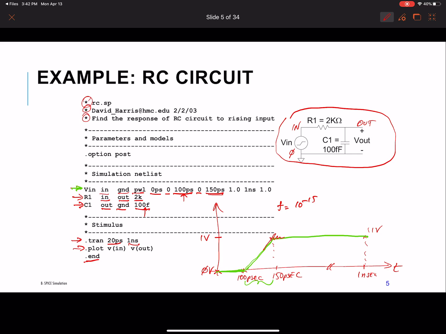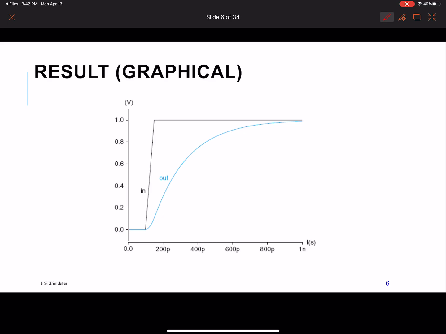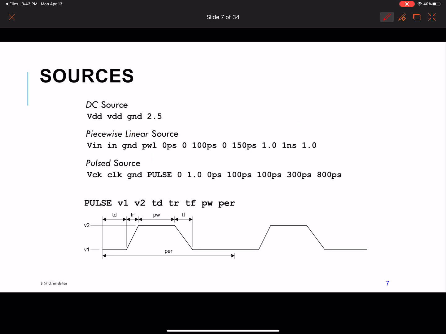And also the tool does not notice the first line of a file. I think it just ignores it. Okay, so basically you'd end up with something like this. Note this is our input waveform, the piecewise linear input waveform that we looked at, and here's the output of the RC, okay?